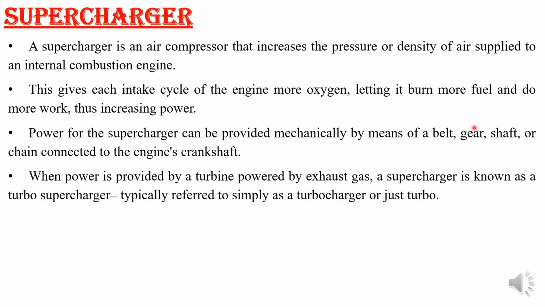So we are not using any power input from the engine, we are using power input from the exhaust gas. The exhaust gas turbine runs, and that shaft is coupled to the compressor. In this way we get the power input for charging your air. So this is how we do either supercharger or turbocharger.